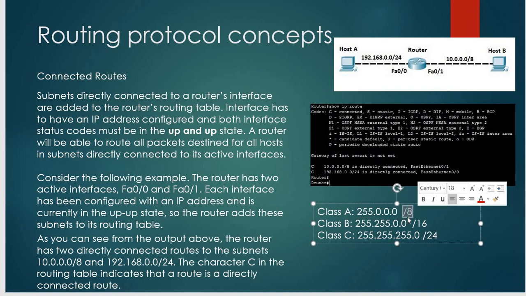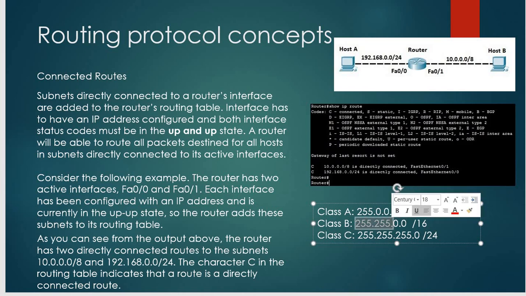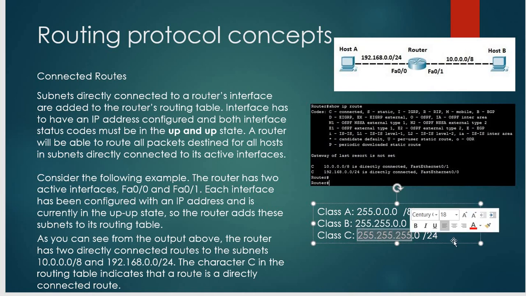That's why it is /8. If it is 255.255, then the summation of 8 plus 8 is 16, and for 255.255.255, three times 8 is 24. That's why here we have /24, and here we have /8.